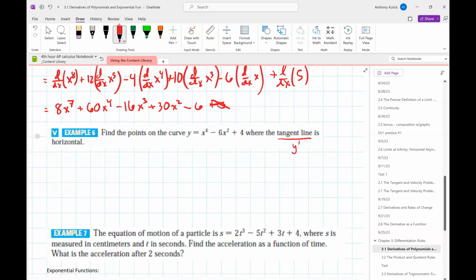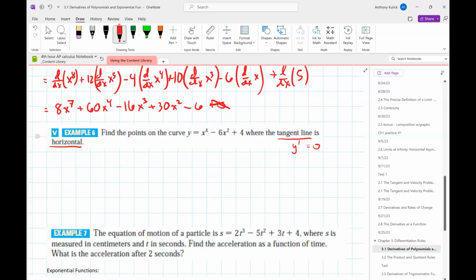The derivative. And when the tangent line is horizontal, the derivative is equal to 0, because the slope is 0 when the tangent line is horizontal, right? Right, a horizontal line has 0 slope. Algebra 1, pre-algebra maybe.